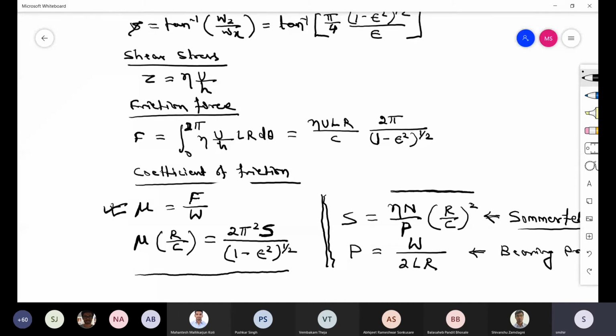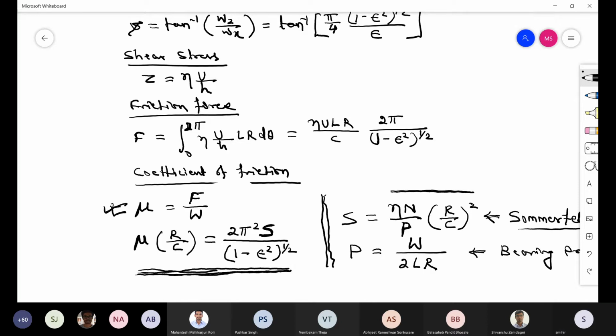Okay, and if you can recall last class or the pre-recorded video that I have given, I have drawn the Stribeck curve initially. On the x-axis I was showing speed, and on the y-axis I was showing friction. So basically this is the expression that we are using there.